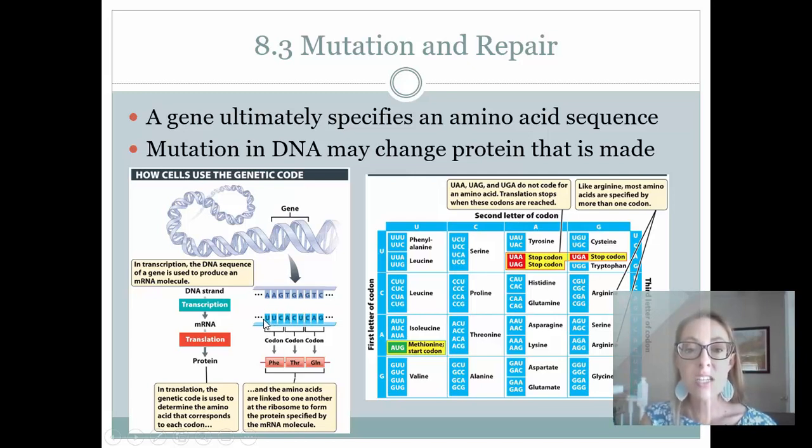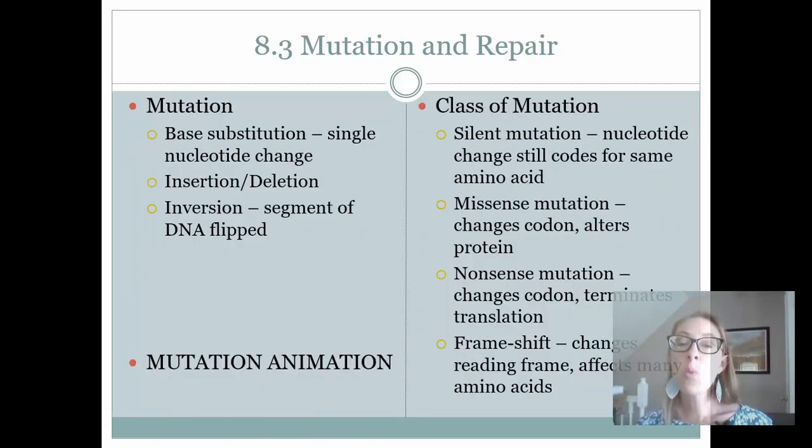So if we lose this U at the beginning, then our reading frame would be UCA, CUC. We have changed almost every amino acid, and we will have a major change in the amino acid sequence. Ultimately, it will very likely result in a non-functioning protein.